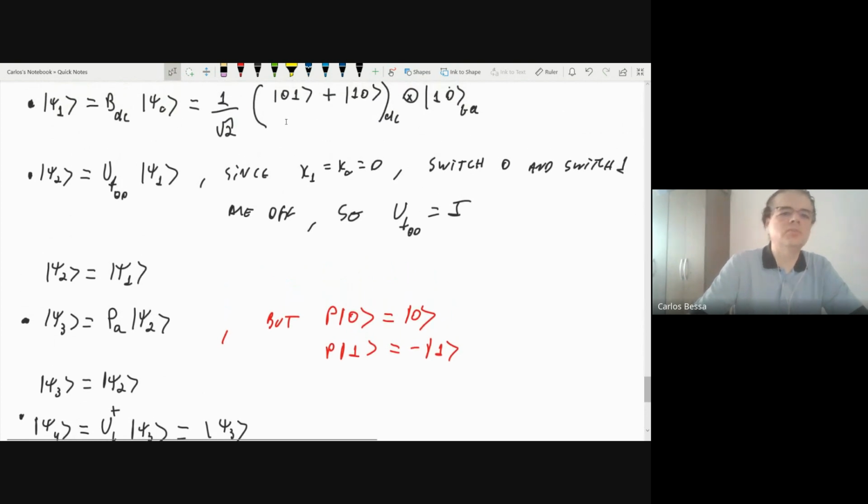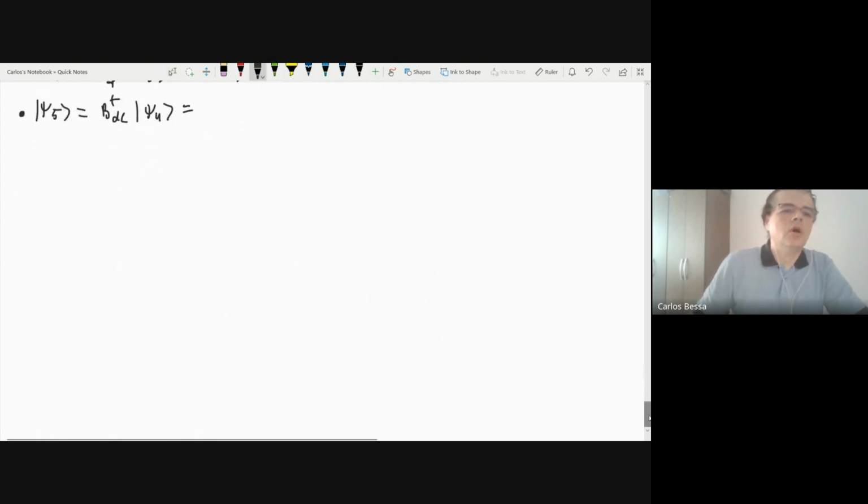This is psi 1. So just write here, psi 5 is like psi 1, so it's B dagger DC applied to psi 1. And this is B dagger DC, right here.